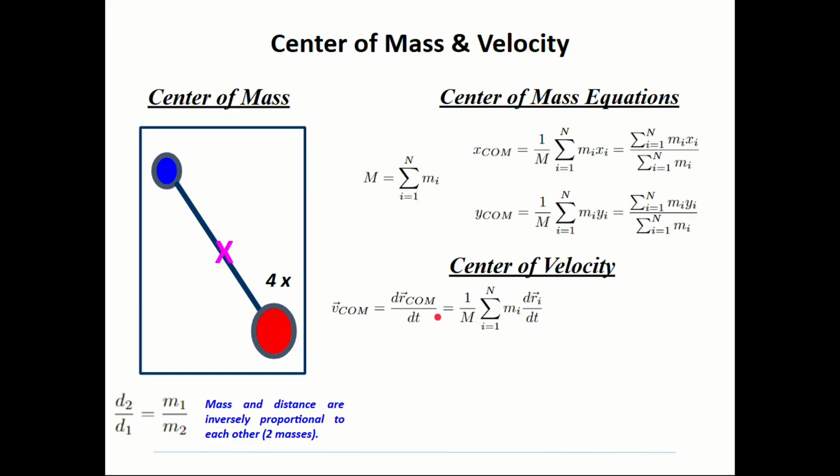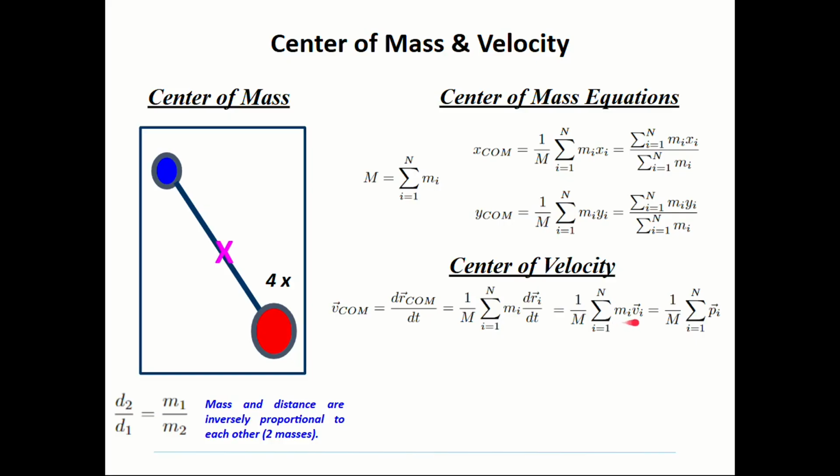That is equal to 1 over total mass times the summation of each mass times the derivative of the position of that mass with respect to time. And then we see that this dr/dt turns out to become a velocity, and that velocity is shown right here in this equation.